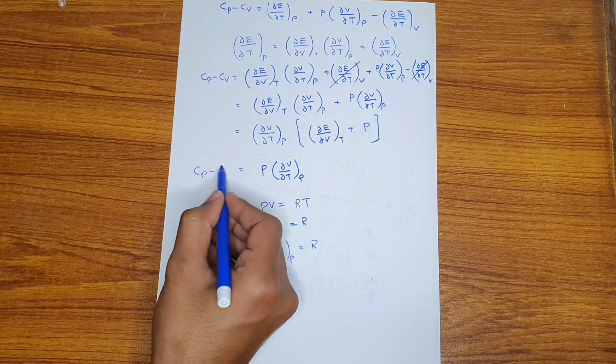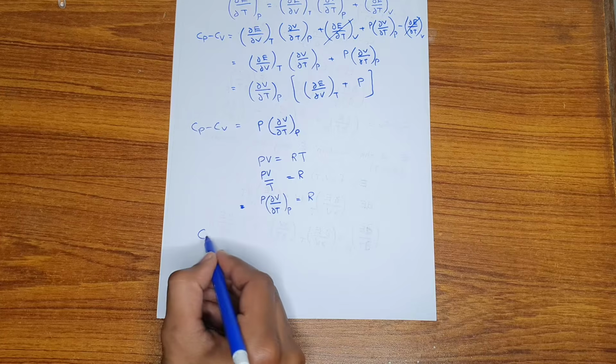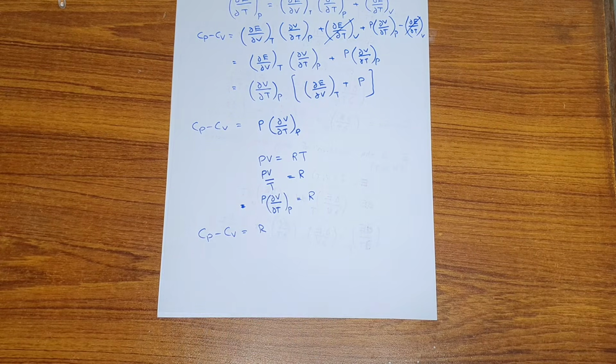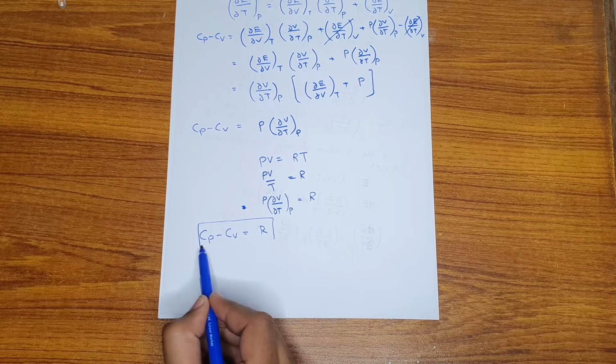So that was Cp minus Cv, and now I have taken it to be equal to R, and that will give me the final equation: Cp minus Cv is equal to R. Okay, so that is our final relation that says Cp minus Cv is equal to R.